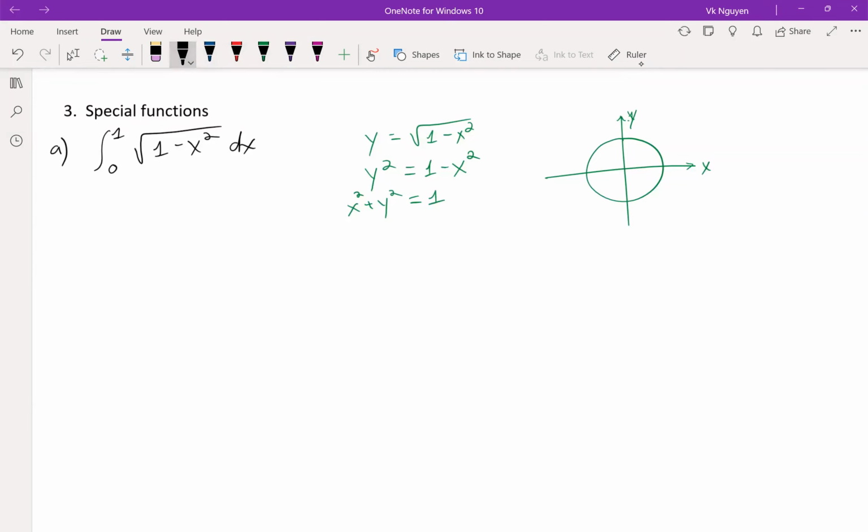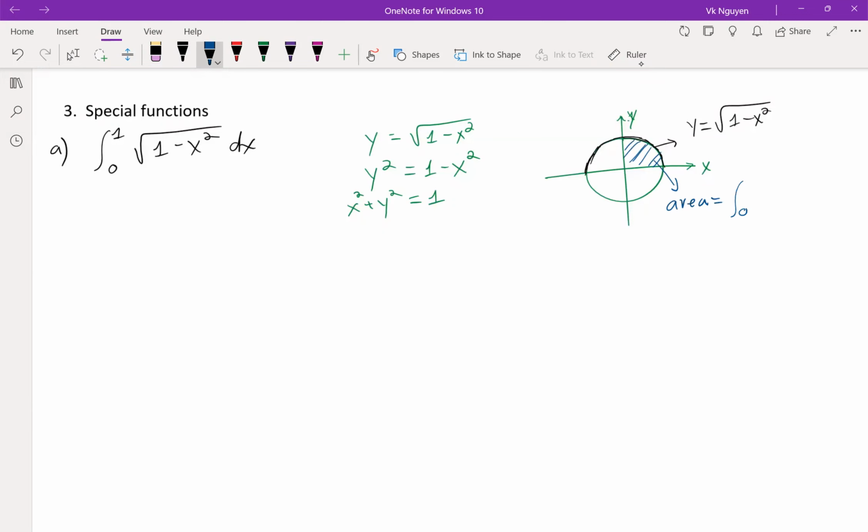However, since we have the square root of 1 minus x squared, we only have half of the circle because the square root is always non-negative. This is y equals the root of 1 minus x squared. And when we evaluate the integral from 0 to 1, that is exactly what the evaluation does. It's the area.